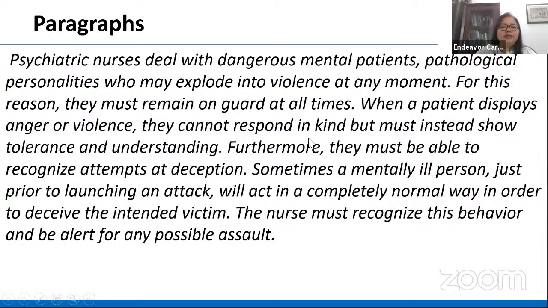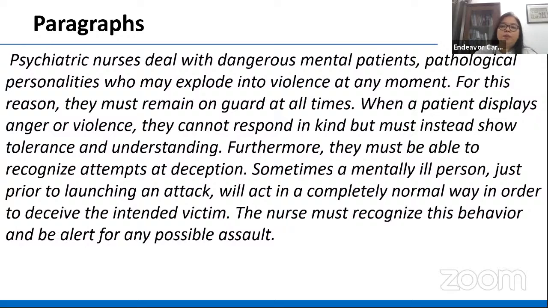So if you look at the third, fourth, and fifth lines, they give us examples of how dangerous these patients can get. What are the ways in which they can pose dangers to the psychiatric nurse? Therefore, the nurse must recognize this behavior and be alert. So, what is the key idea here in this paragraph?